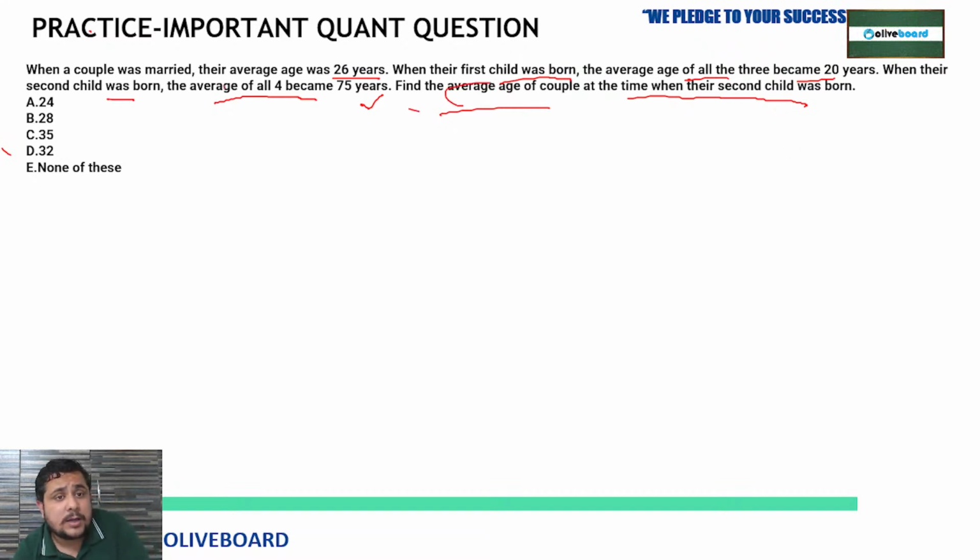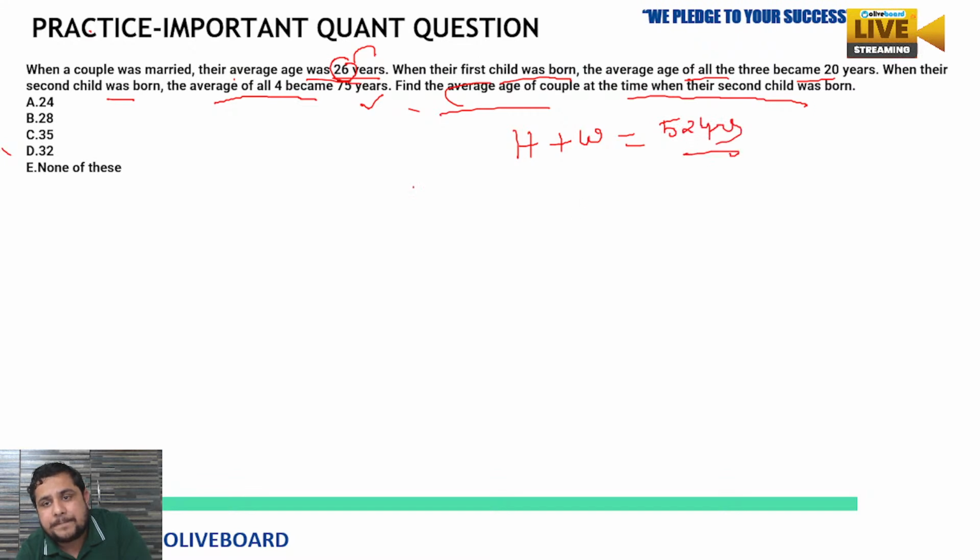See, a couple was married. Their average age was 26. Means couple, husband and wife, so their sum will be, if their average age is 26, then 26 into 2, means 52 years. Fine. Now, when their child was born, the average age of husband plus wife plus child, child 1, because there are two children, the average age of all three became 20 years.